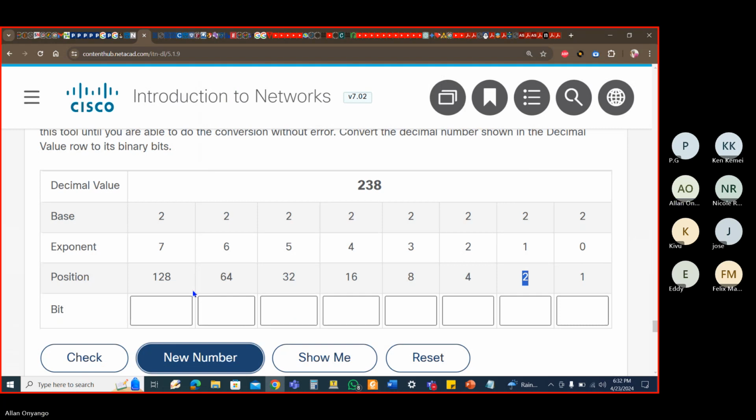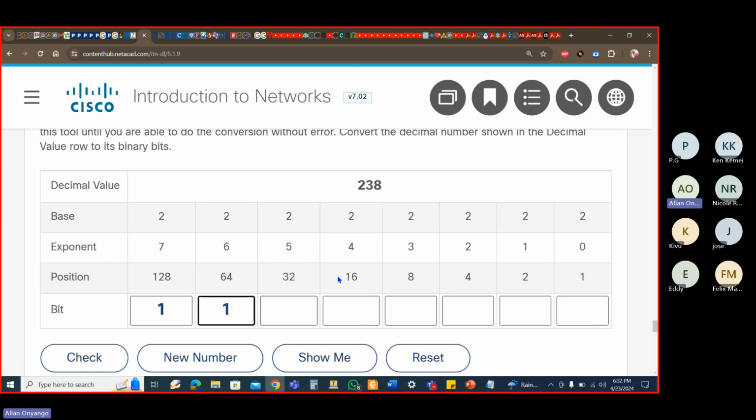238, another one. We start by subtracting 128. 238 minus 128? 110, very good. In 110, minus 64, what is that? 46.